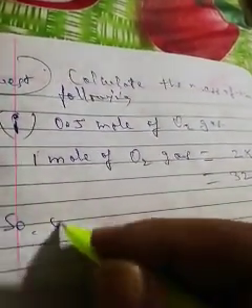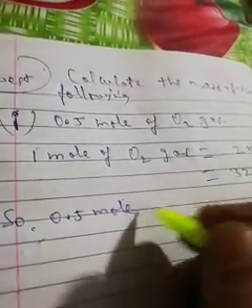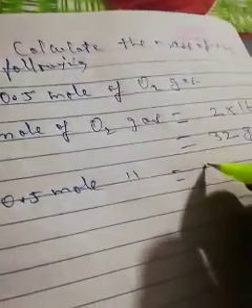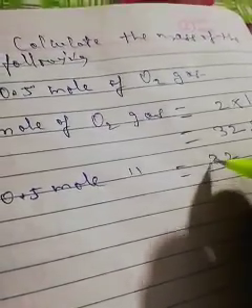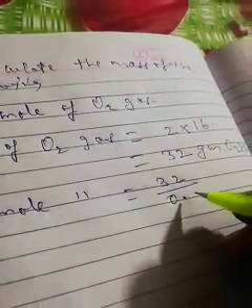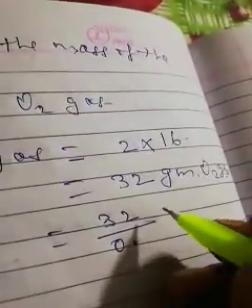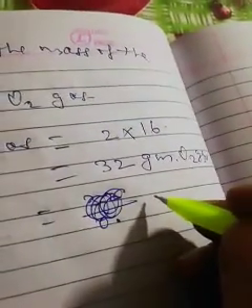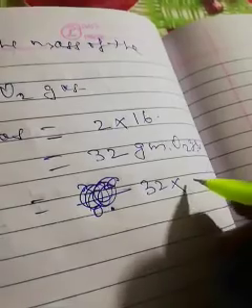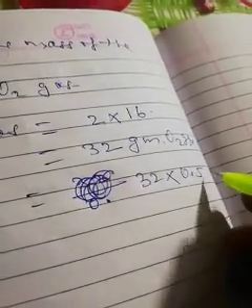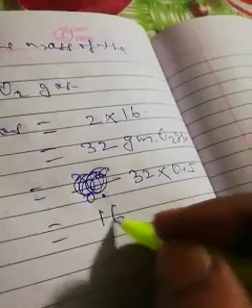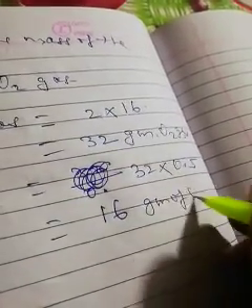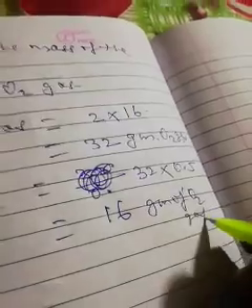So 0.5 mole of O2 gas will be 32 into 0.5. This will be how much? 16 gram of O2 gas.